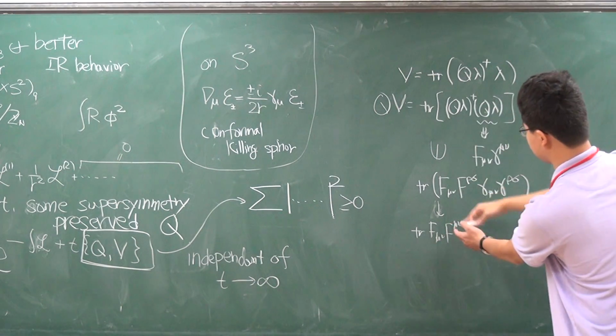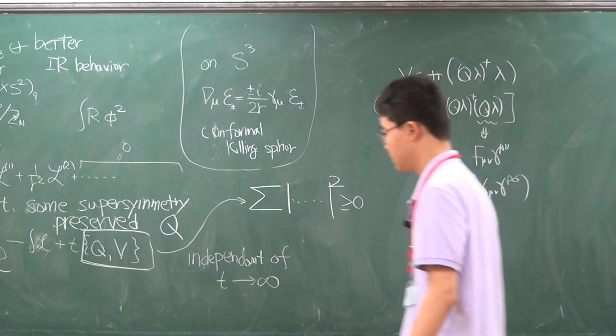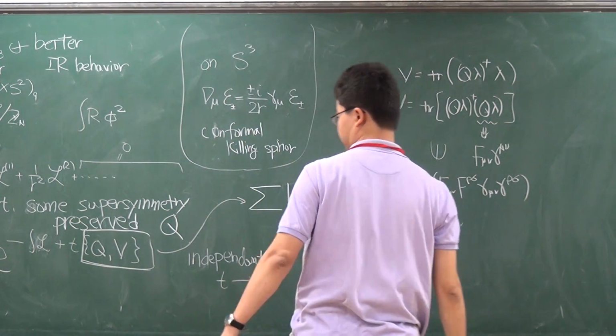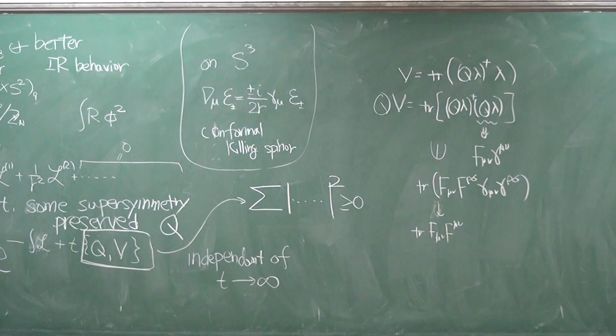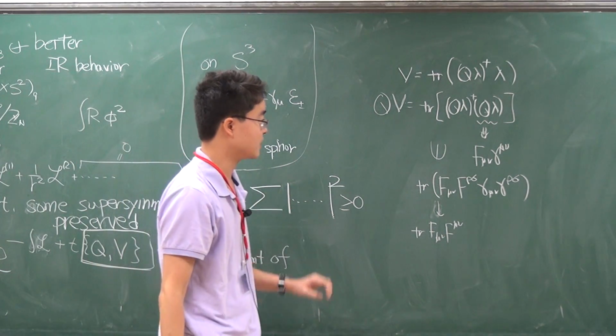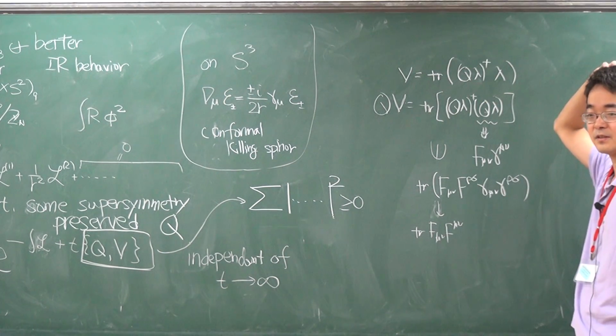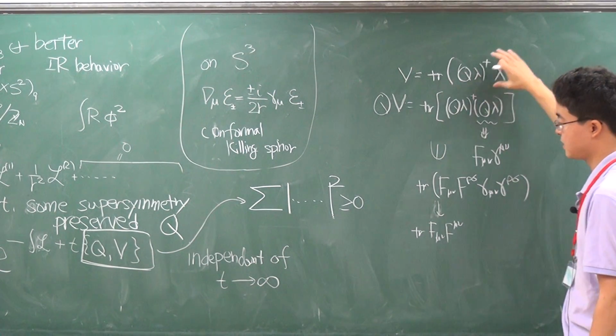But there are also other terms. And there are also one-loop corrections, because I have modified this supersymmetry transformation by one-loop corrections. So this is for the vector multiplet. If you have a chiral multiplet, you can take again the fermion and write down the similar thing. So this is the explanation why this holds.